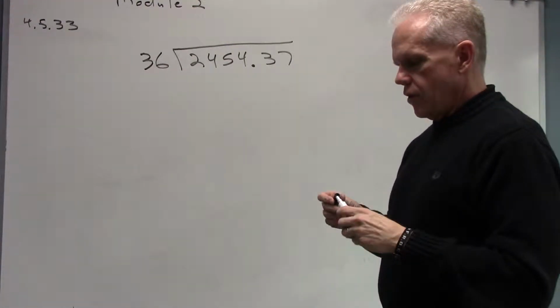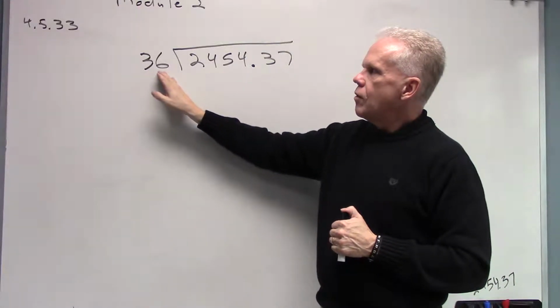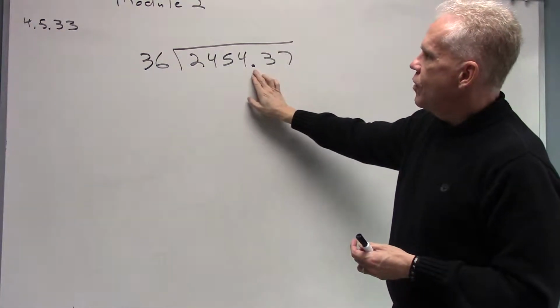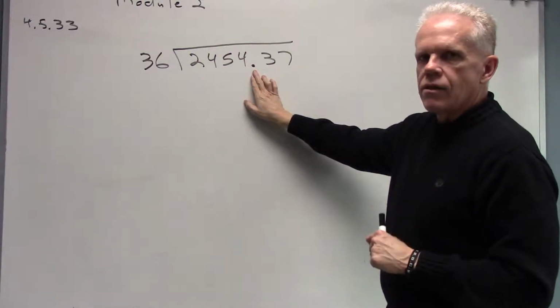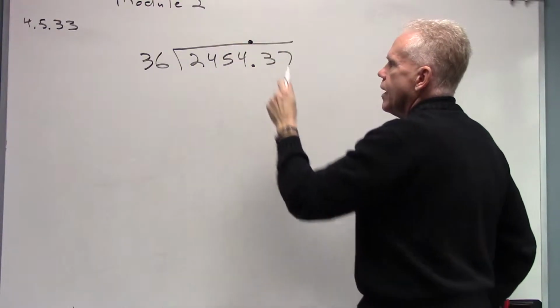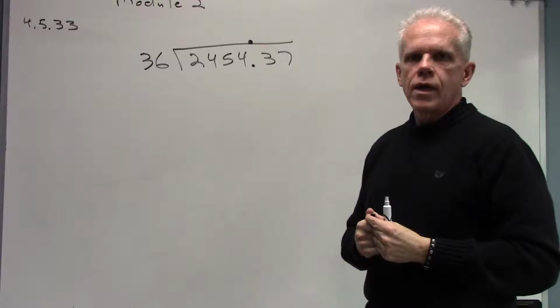In doing the long division, first thing I want to realize is that I do not have any decimal already in my divisor. So that's good. And so my position for my decimal on the dividend on the inside is just fine exactly the way it is. I'm going to go ahead and position my decimal right here between this 4 and this 3 in my quotient, in my answer.